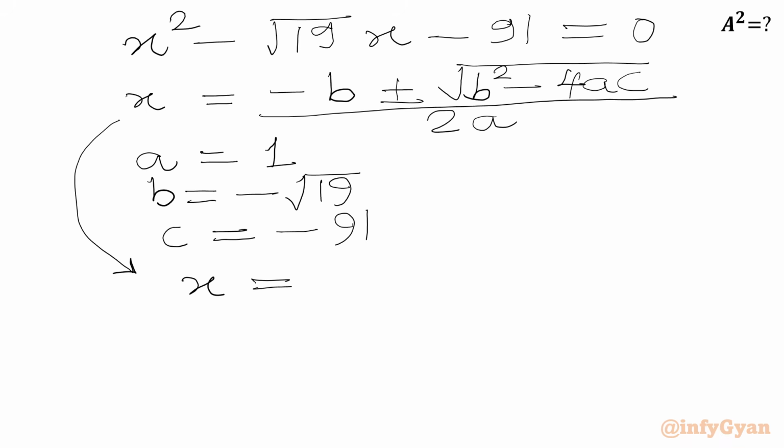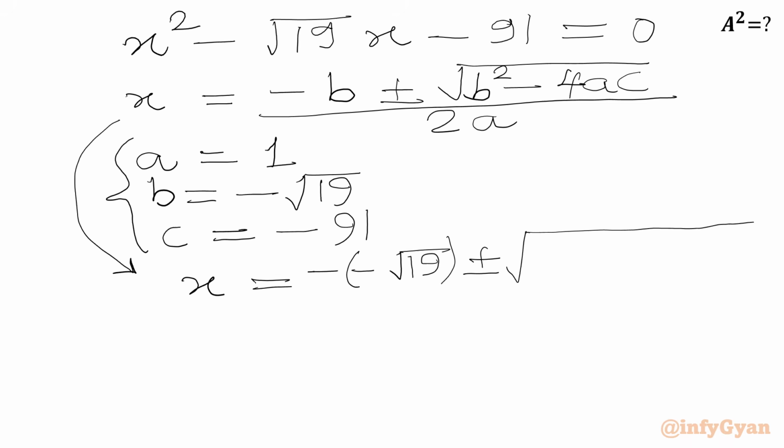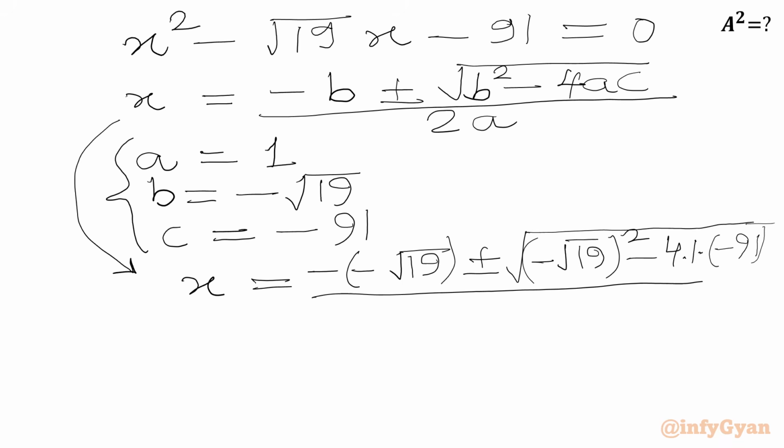So x will be equal to, let's plug in values of a, b and c. Minus b, so we will write minus of minus square root 19 plus minus square root of b square, that is square root 19 whole square, minus 4 times 1 times minus 91, over 2 times 1. Now we have to simplify.